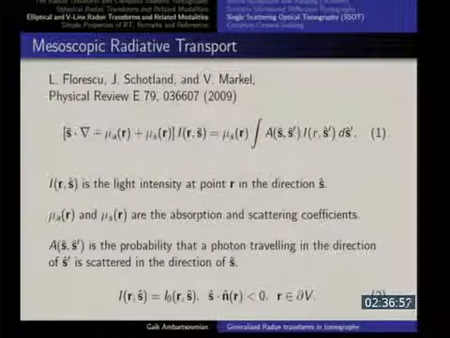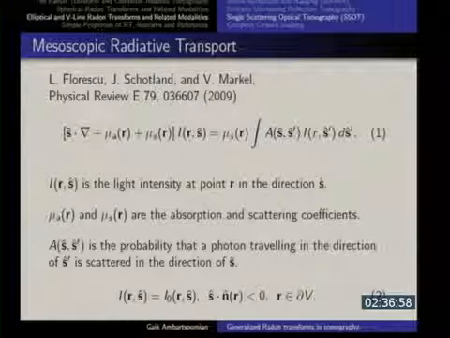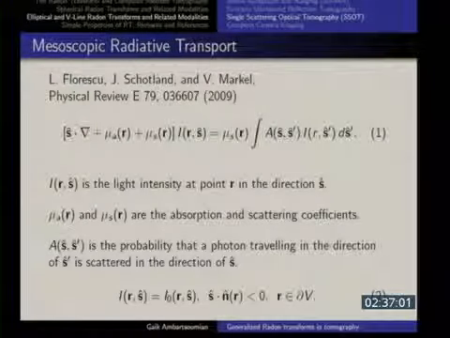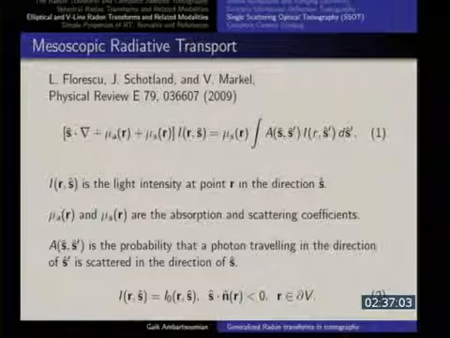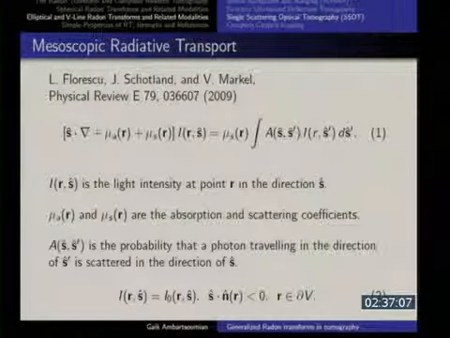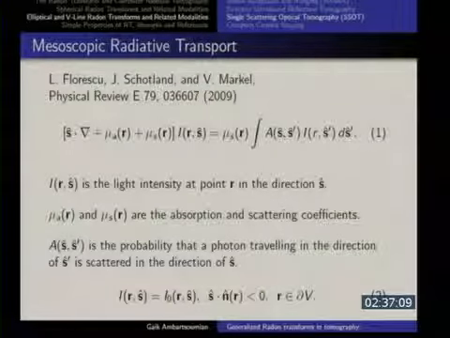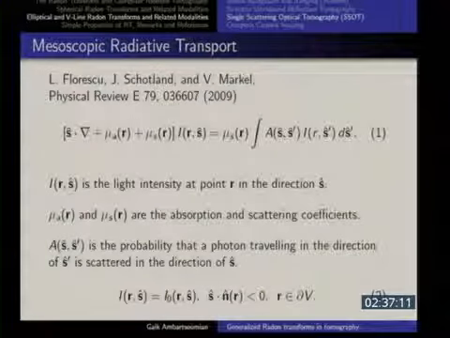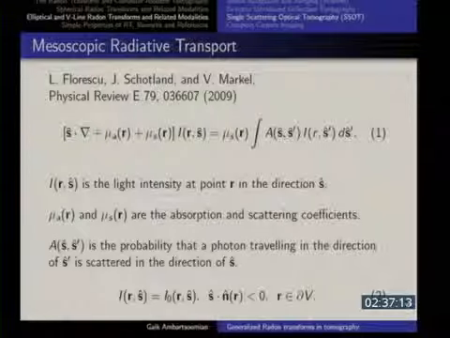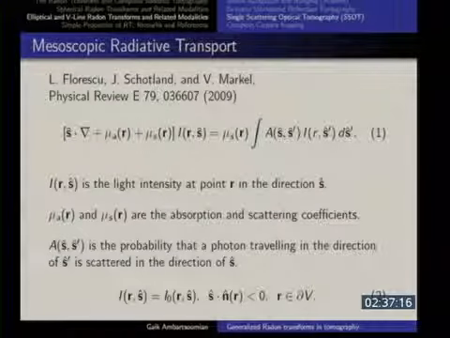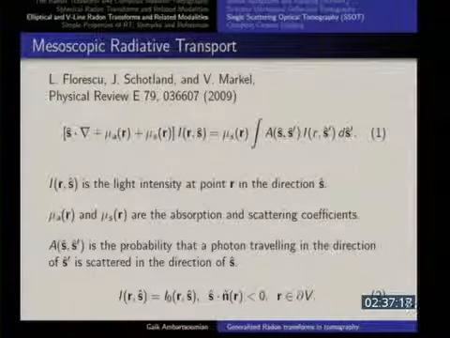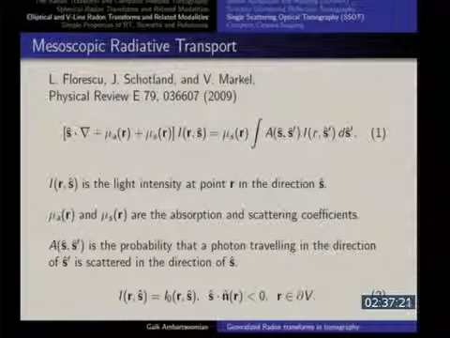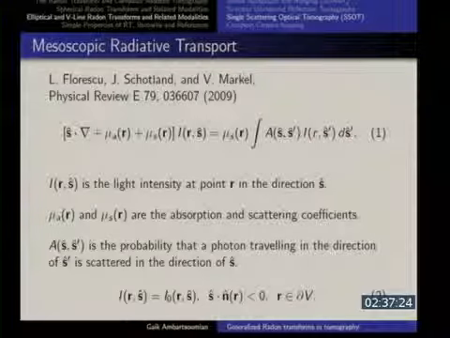So if your slab is very thin, then you only have the ballistic regime. Somebody was asking about regimes today in the radiative transfer equation. The ballistic regime means that your object is so thin that the photons fly through. They don't have a chance to scatter, or most of them don't. If your object is very thick, then you're in the diffusive regime, where people use the diffusion equation instead of the radiative transport equation.